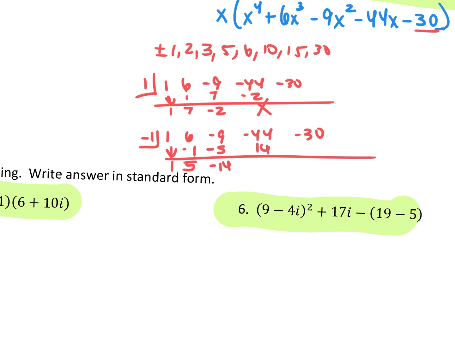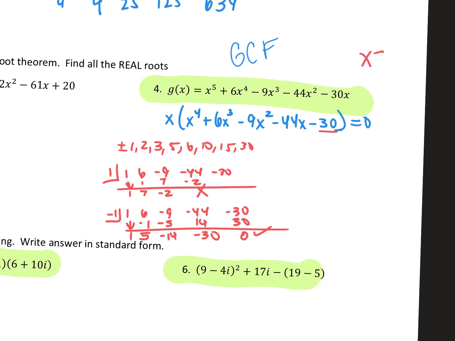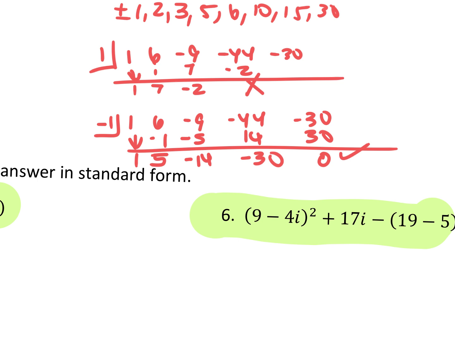Positive 14. What's negative 44 and 14? Negative 30. What's negative 30 times negative 1? Positive 30. So negative 30 and positive 30 is 0. So what did you guys just prove? What's one of my answers? X equals negative 1. All right, so write that over here. X equals negative 1. So what do we do with this leftover stuff?